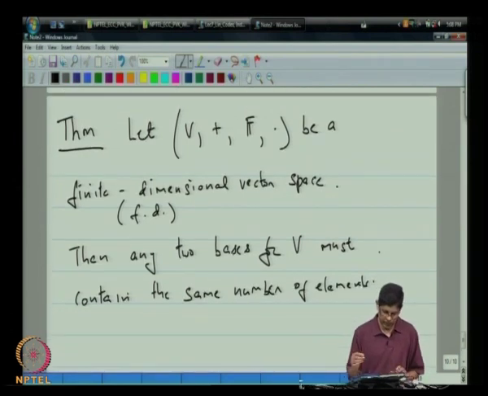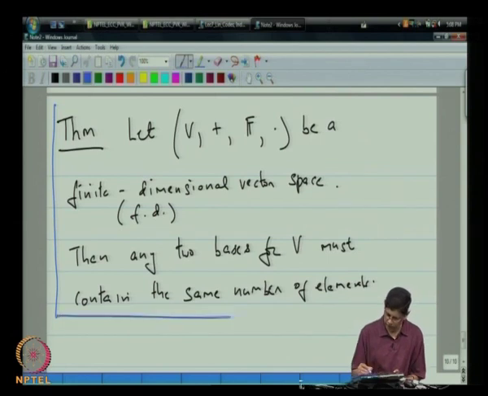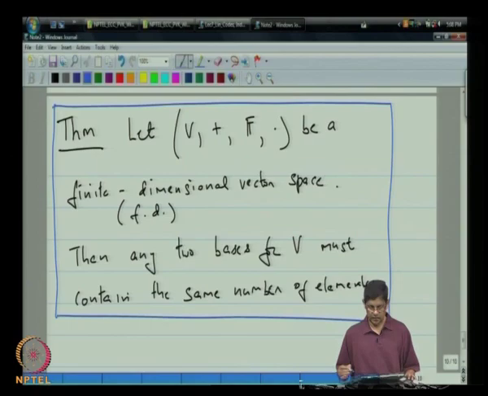In particular, it is not possible that a vector space has one basis that consists of a finite number of elements and at the same time another basis containing an infinite number of elements. So finite dimensional vector spaces will always have a finite basis, and moreover, the number of elements in the basis is fixed.